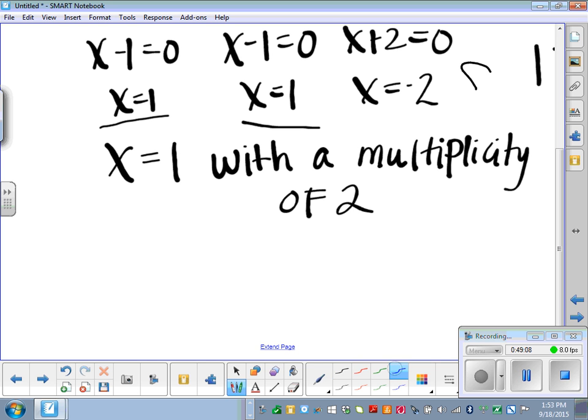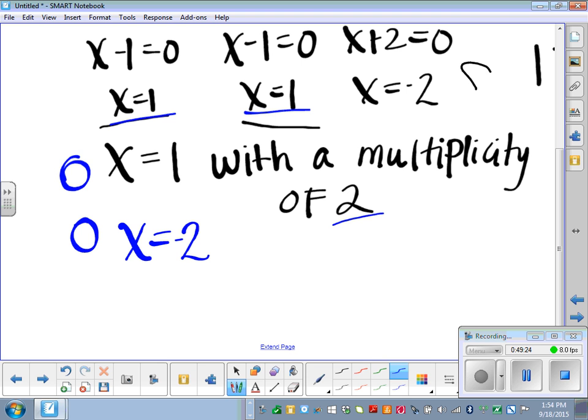What a multiplicity of 2 just means is it happened twice. So we get x is equal to 1 with a multiplicity of 2, meaning it happens twice. And then we get x is equal to negative 2. So once again, we had 3 solutions, but this is how they would want you to write it. X is equal to 1 with a multiplicity of 2. Now, if it happens 3 times, you'd say with a multiplicity of 3. And then x is equal to negative 2.